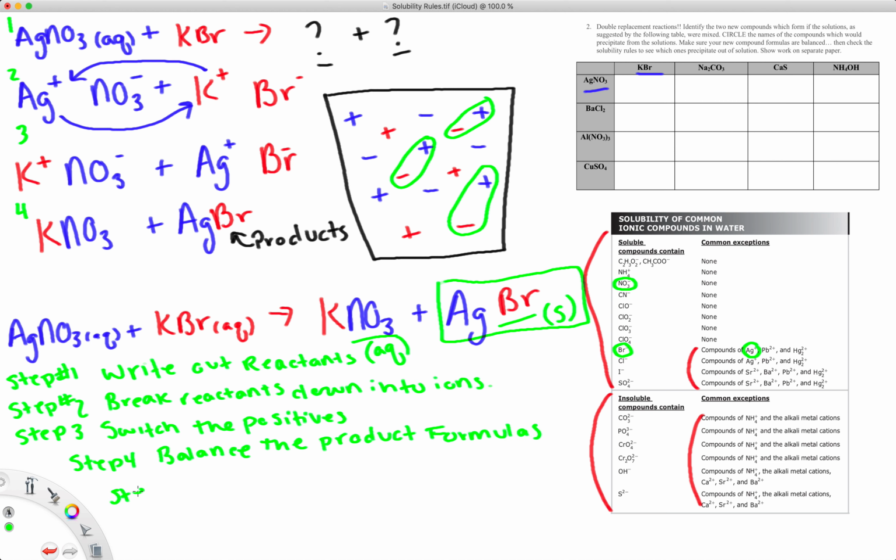And step 5 would be to determine the solubility of the new products. And then you're done.